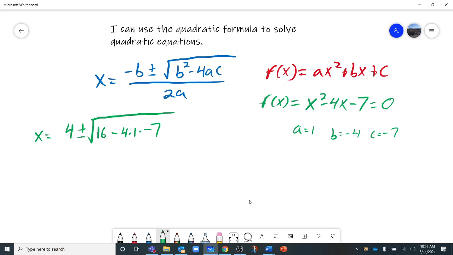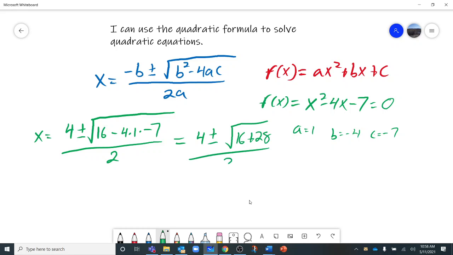That negative 7 is nice because that makes it actually a positive. All divided by 2 times a, which is just 2 in this case, 2 times 1. Okay, so I'm going to simplify the radical. That check mark division box thing is called a radical, if you didn't know that. 4 plus or minus the square root of 16 plus 28, all over 2.